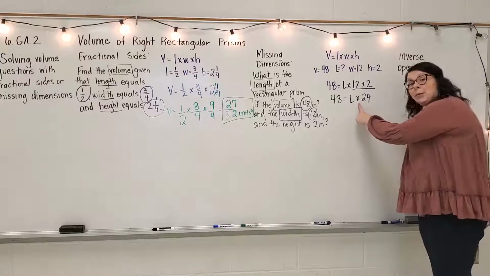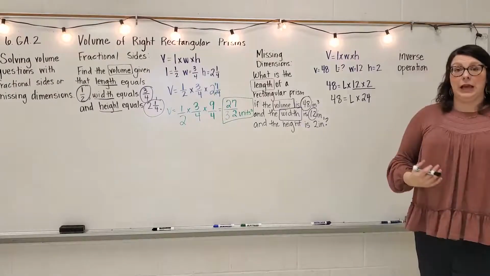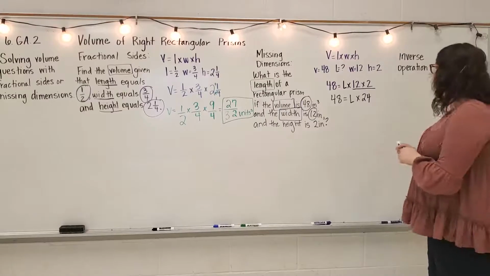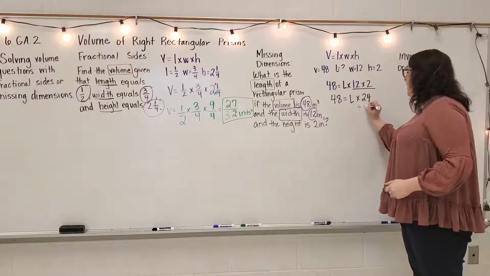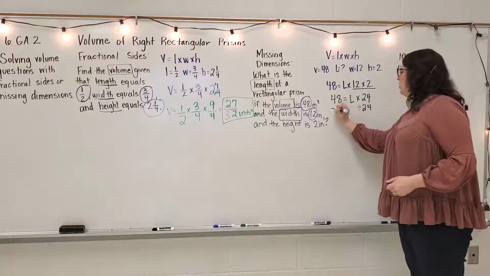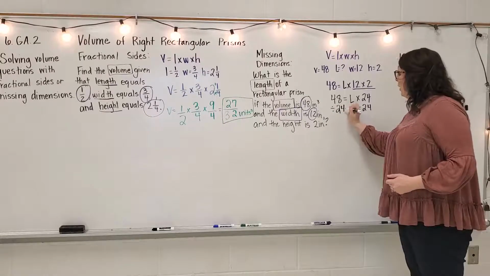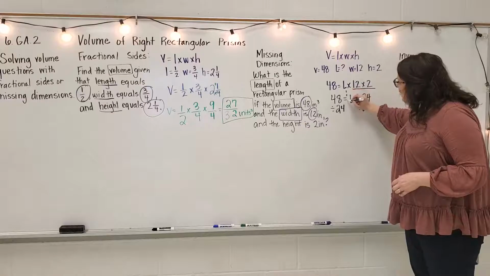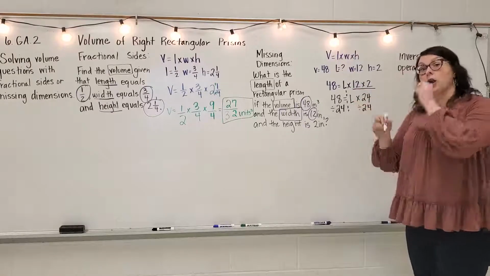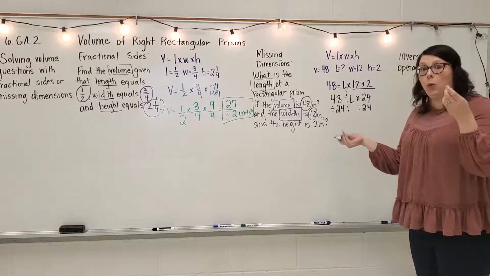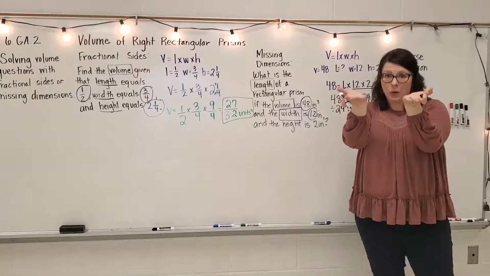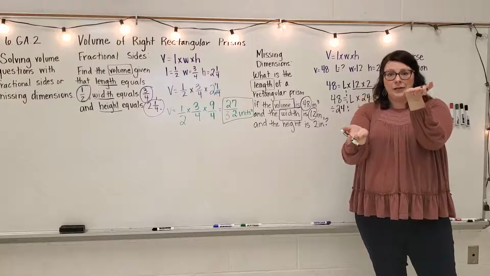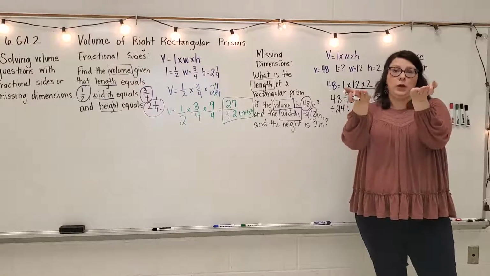Well, if I am multiplying here, the inverse or the opposite, what's going to reverse multiplication is division. So I'm going to divide both sides by 24. And when I say both sides, I mean that equal sign. That equal sign is where our two sides go. We're trying to keep both sides equal because equal means the same. If I do something to one side and not the other, they are no longer equal, okay?